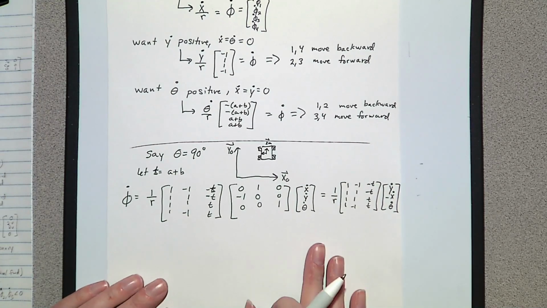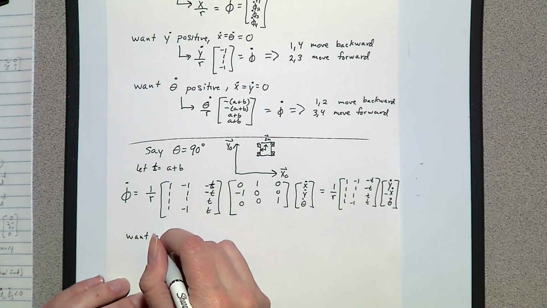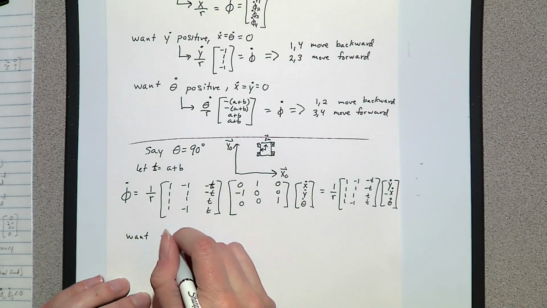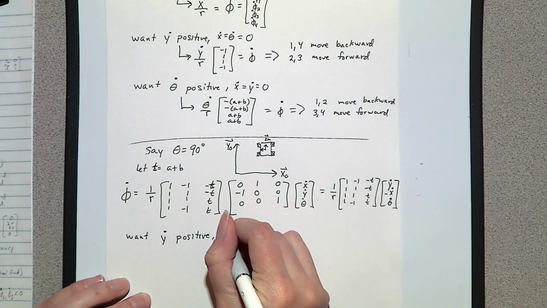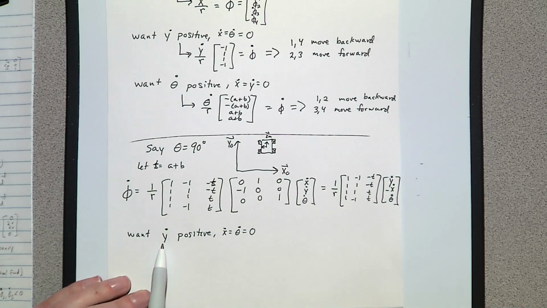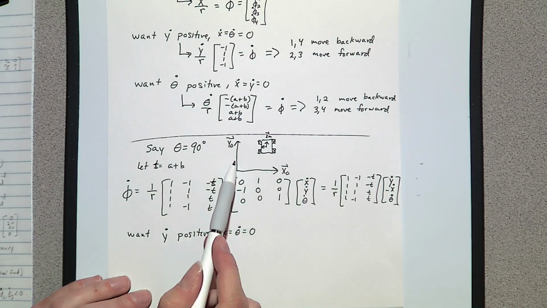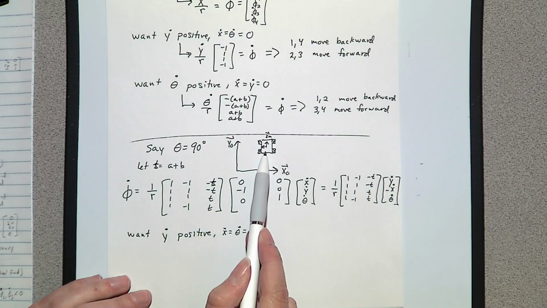And so then let's say that now we want y dot positive and x dot and theta dot 0. Well, now this y translation in the inertial frame is actually an x translation in the robot frame.